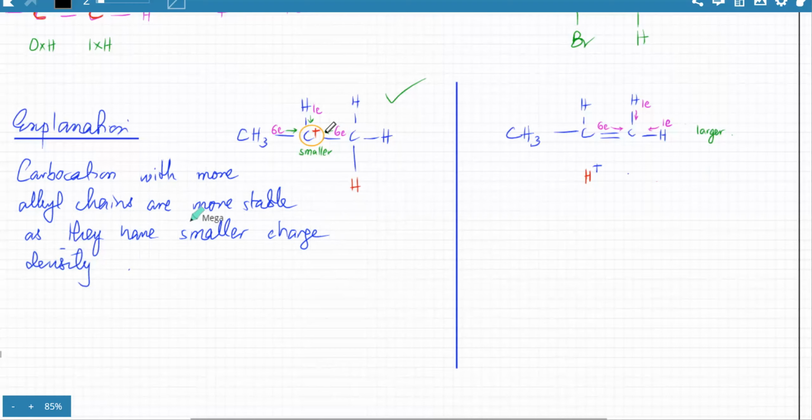That's it. That the H likes to bond with the carbon that's already bonded to more H atoms, because that results in the formation of a carbocation, which has more alkyl chains and therefore is more stable.